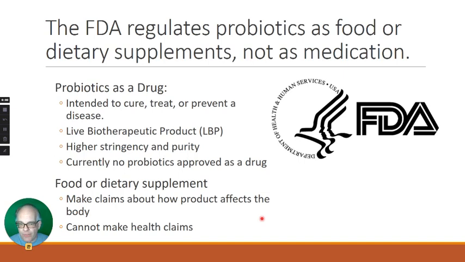We've got to do all of the experiments that are necessary to prove the purity and the effectiveness of our drug, or of our bio product, or a probiotic in this case. And it's going to be referred to as a live biotherapeutic product, an LBP, which is a fancy way of saying probiotic. It's a living organism that potentially has some benefits associated with it.